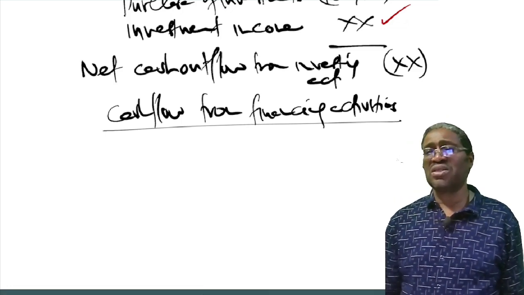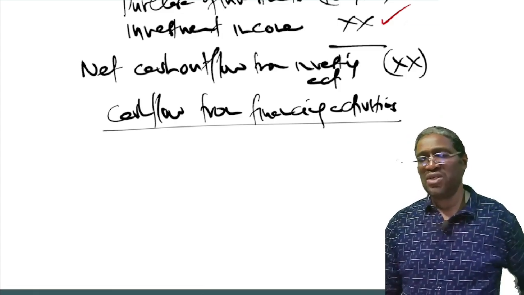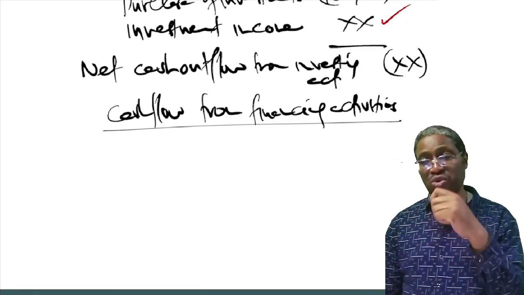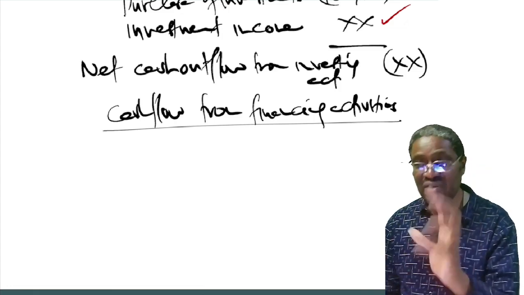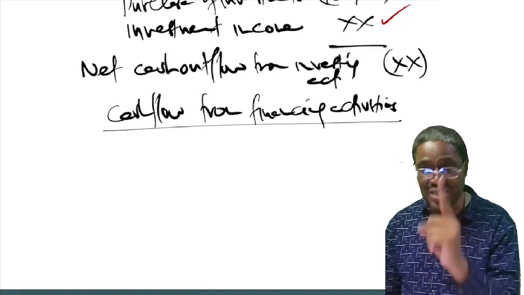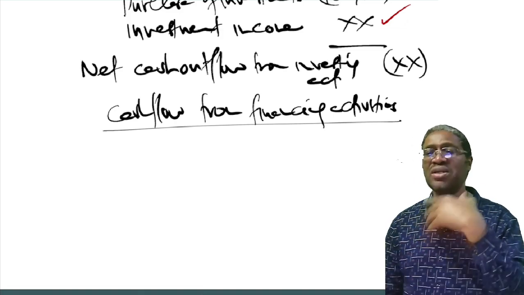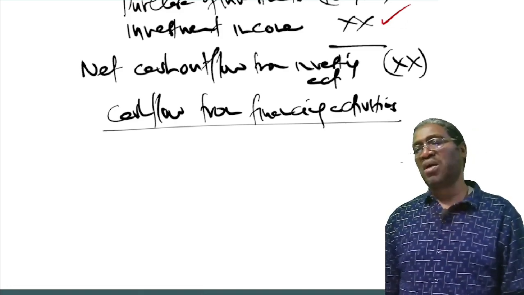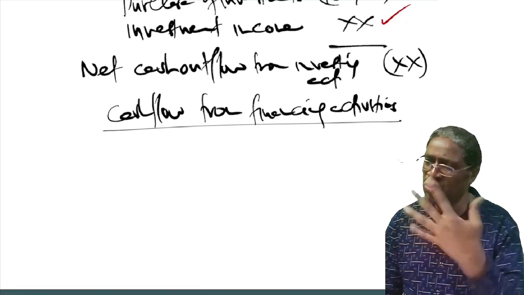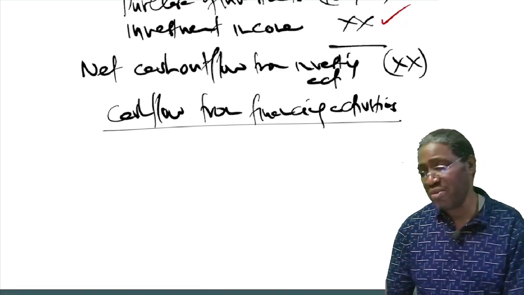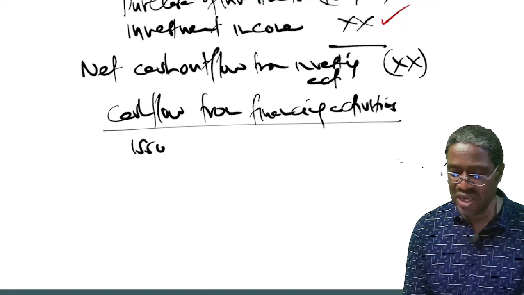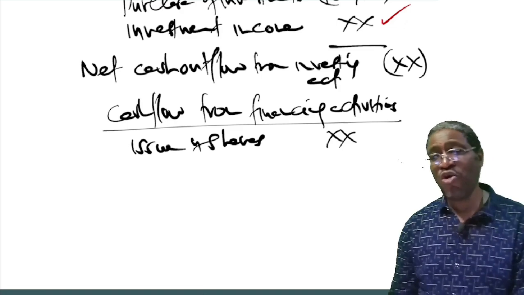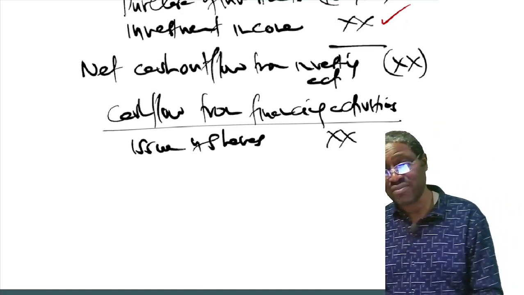Because you must have discussed this in the topic before, financing activities are those transactions that affect finances. Example, you as a company wanted to raise more finances, you could have issued some shares to members of the public. That's one example of a financing activity item.